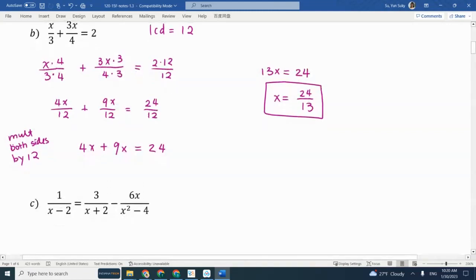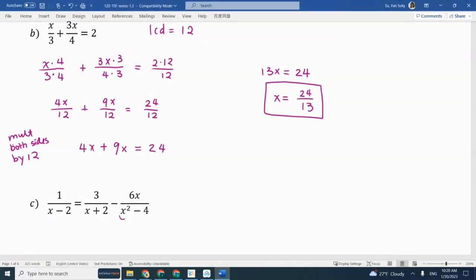Okay, so part C. The denominator has fractions. What do we do? First of all, you can factor. Linear term, this is the easiest one. You cannot factorize. But you see this is a quadratic term, right? How can we factor it?